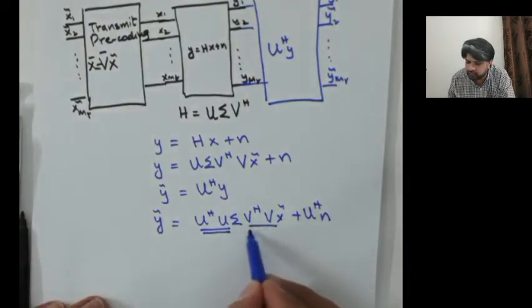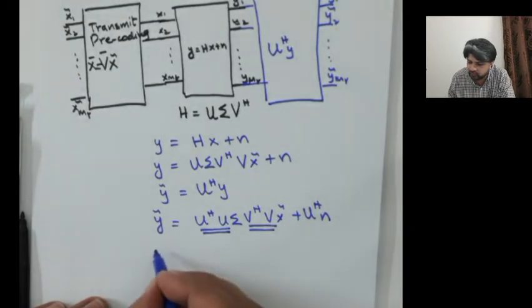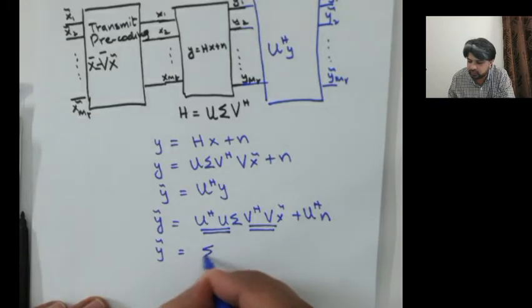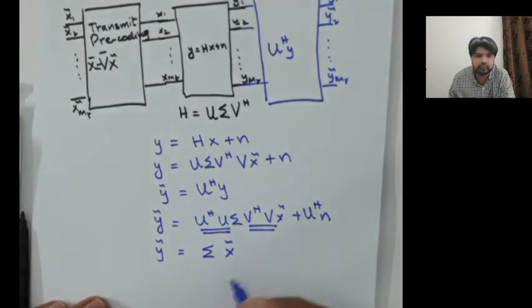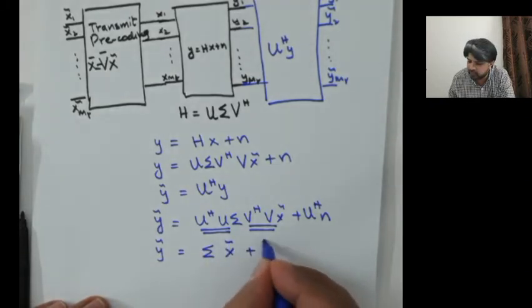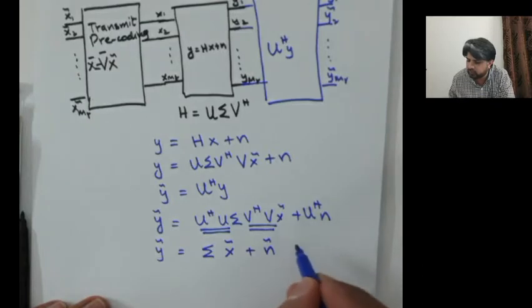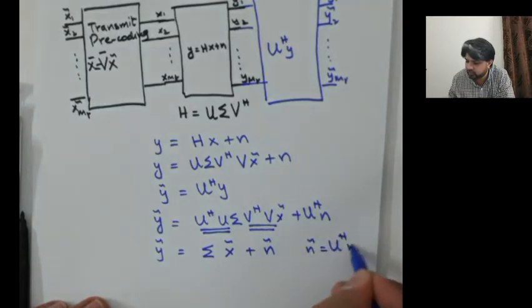This would be an identity matrix. And effectively, Y tilde would be sigma times X tilde plus this N tilde, which is nothing but U Hermitian times N.